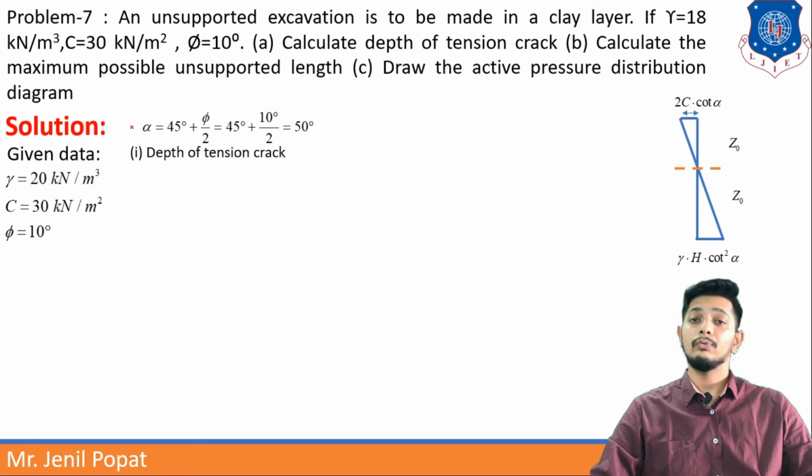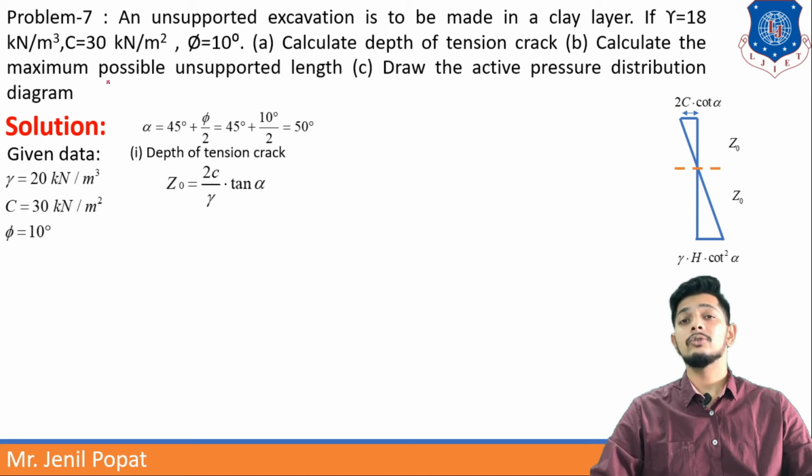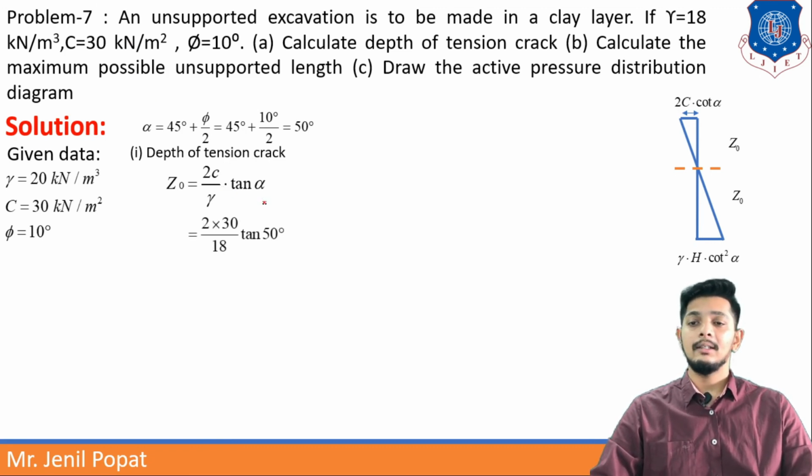So let us find out the first item, depth of tension crack. For depth of tension crack, I will use the formula Z0 is equal to 2C by gamma into tan alpha. If surcharge was given in the backfill, then I would use 2C by gamma tan alpha minus Q by gamma. Now putting values of C as 30, gamma as 18 and alpha as 50, I am getting Z0 as 3.973 meter.